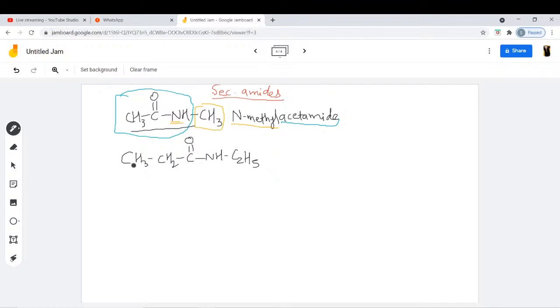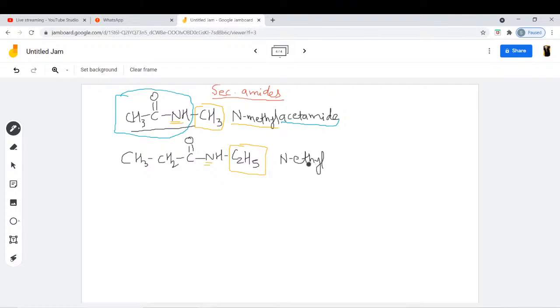So to this nitrogen, the ethyl group is attached now. So what will you call it? Not N-methyl, sorry, N-ethyl. N means nitrogen, to this nitrogen, ethyl group is attached.